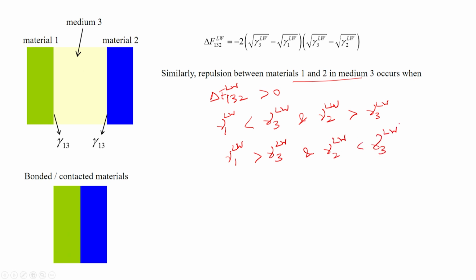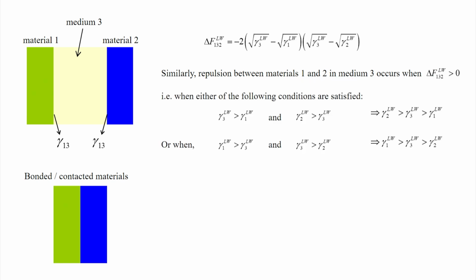When either of these two conditions is met, delta F 132 LW becomes positive. That means these two materials cannot come together in medium 3.